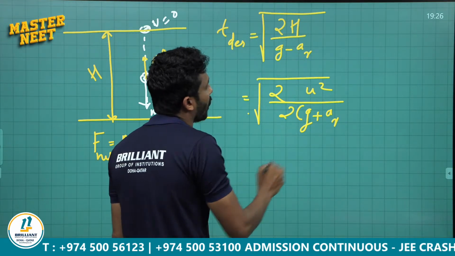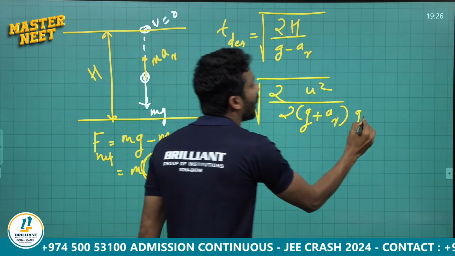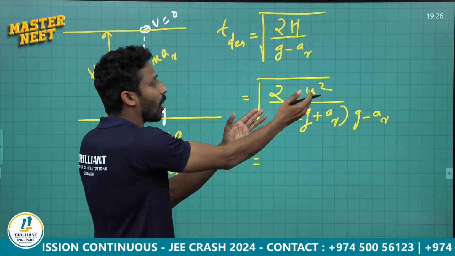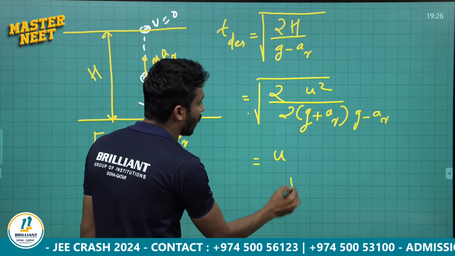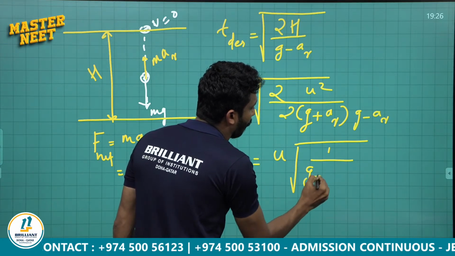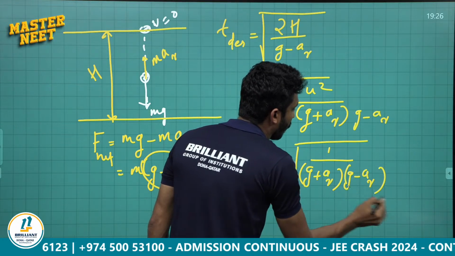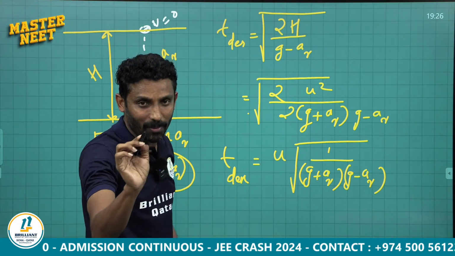And in this equation g minus ar is already there. You understood? Now u square is taken outside as u, the 2 is cancelled, and it is equal to u divided by g plus ar into g minus ar, under the root. This is our time of descent.